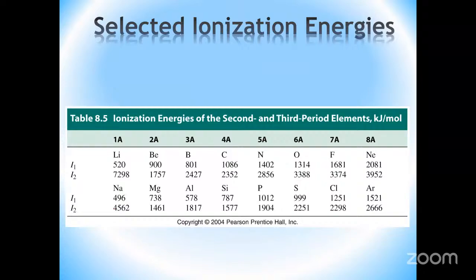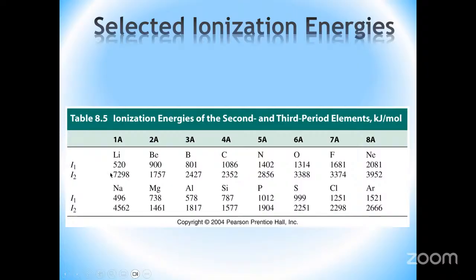Okay, so this is where the exception that I mentioned earlier comes into play. What this is showing you is how the ionization energy varies as you go from left to right of any period. The top part here is referring to period 2, starting with lithium and ending in neon, and then this is period 3, sodium to argon.